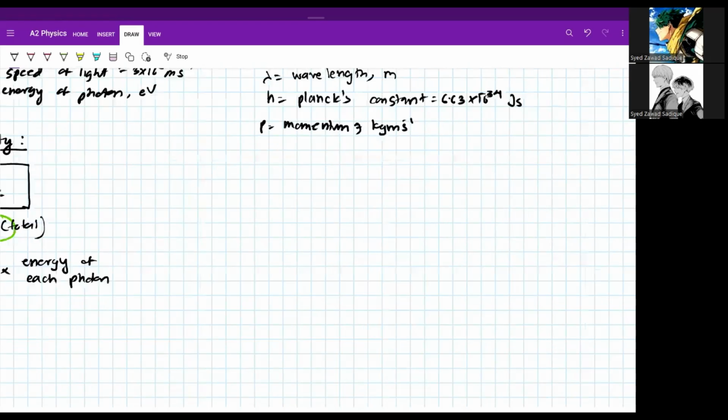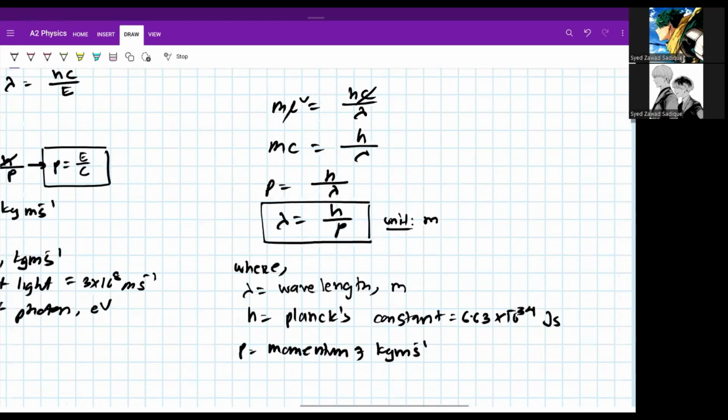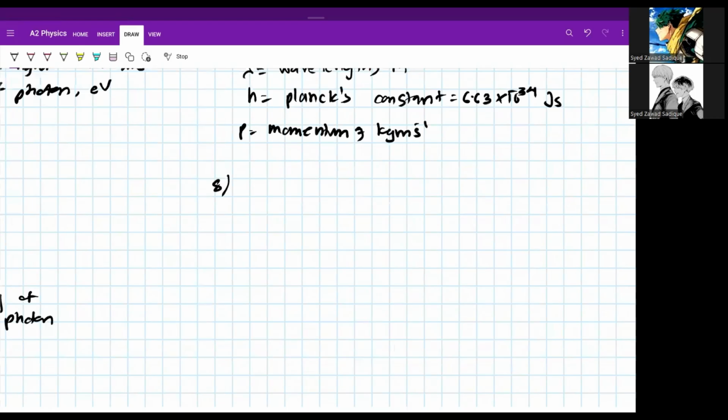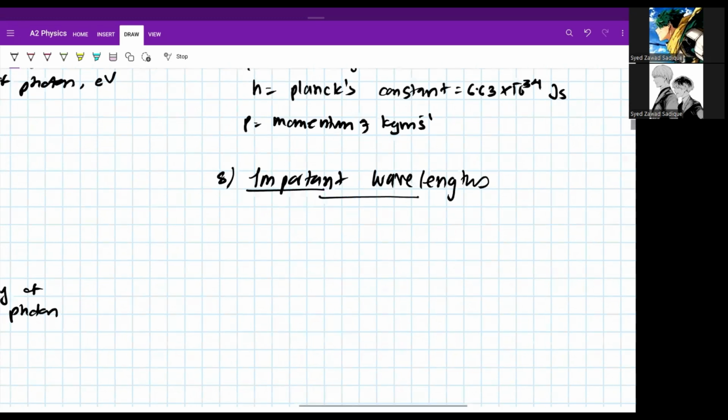However, if I were to add one more thing, that would be number 8, important wavelengths. This is the one thing that I would add.